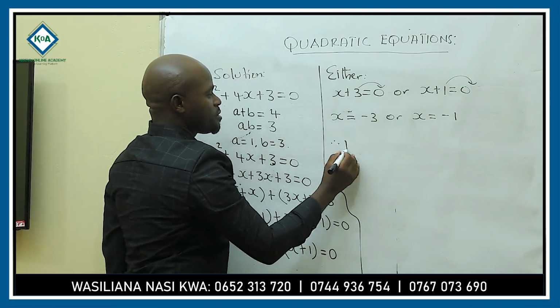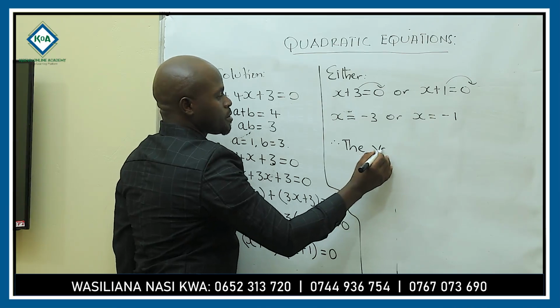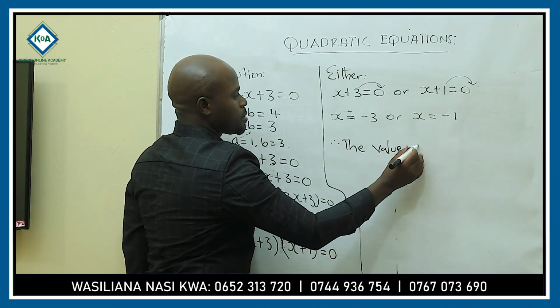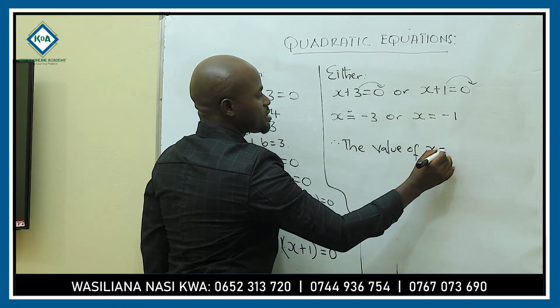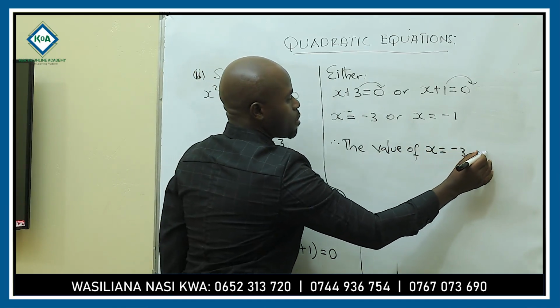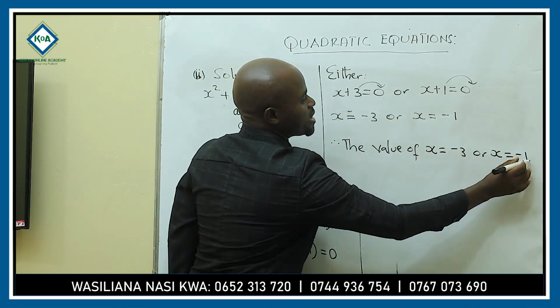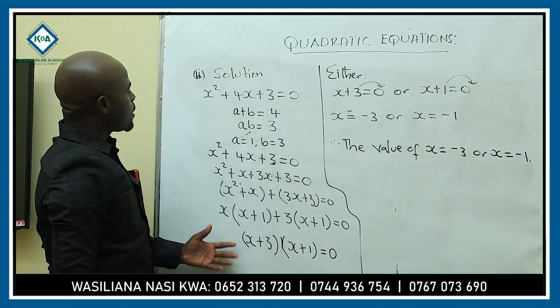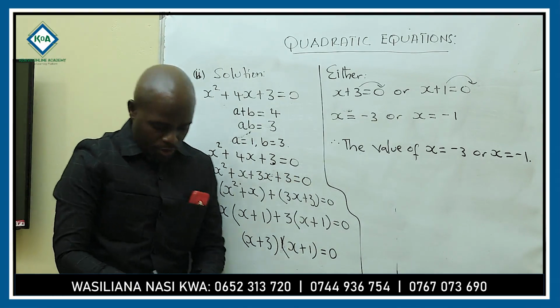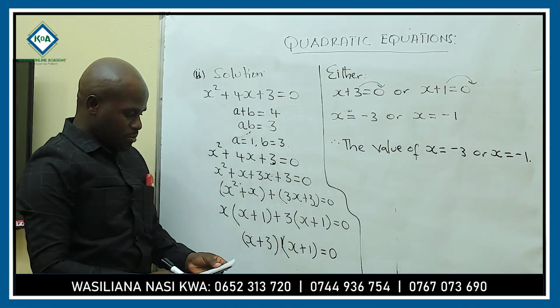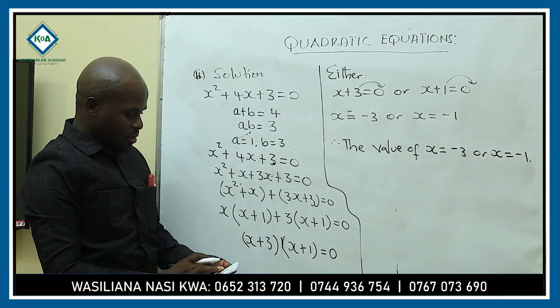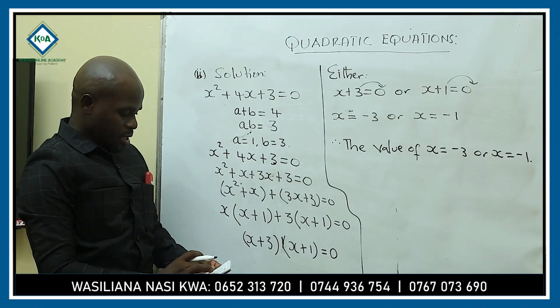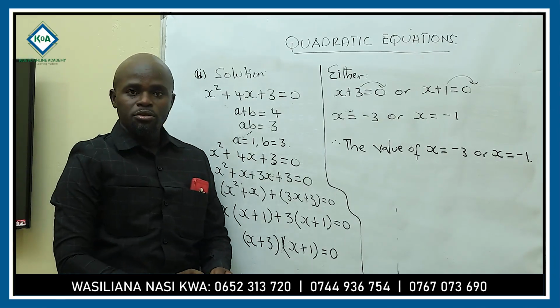So therefore, the value of x is equal to negative 3, or x is equal to negative 1. And this is the solution for example number 2. Now I do this example number 3, then I leave these two examples for you to do yourself.